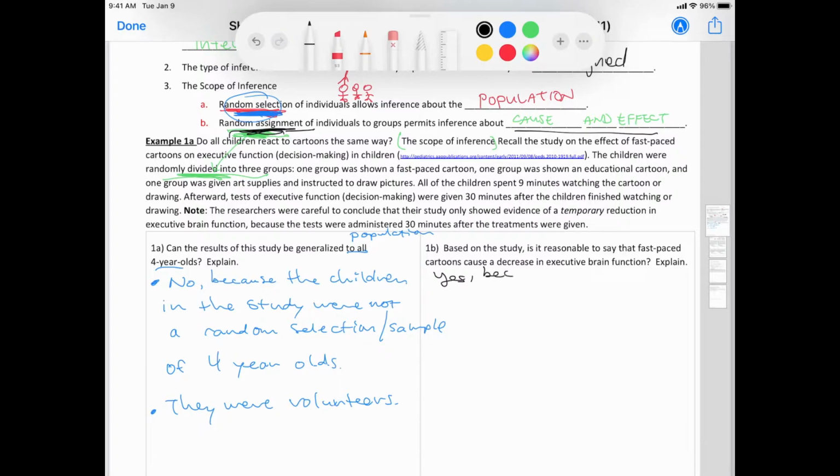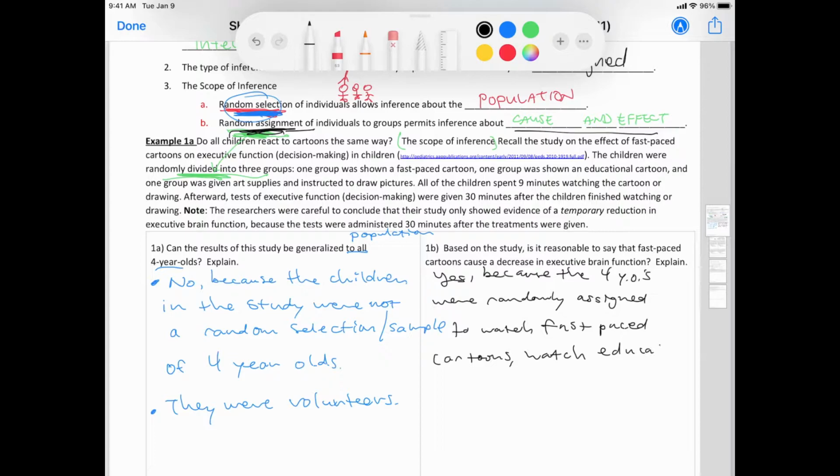Yes, because the 4-year-olds were randomly assigned to watch fast-paced cartoons, watch educational cartoons, or to draw pictures.